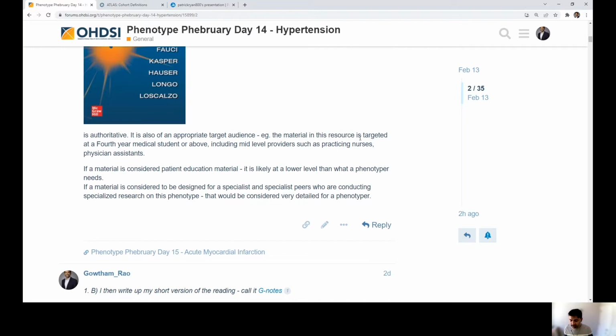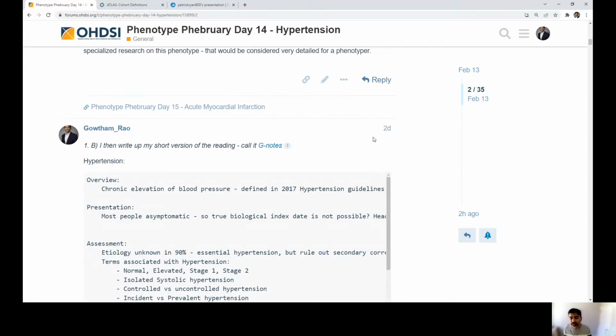The way I describe it, it's at the level of a fourth-year medical student, a junior physician, or a mid-level provider like a nurse practitioner or a pharmacist. If the material is patient education material, then it's likely at a much lower level than what is needed for phenotyping. Or if it's at a much higher level that only a specialist in the field can understand, then it's probably too detailed for a phenotyper.